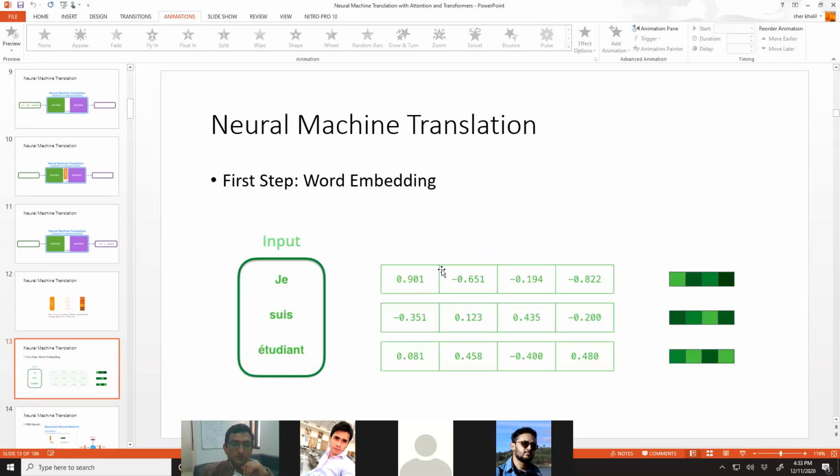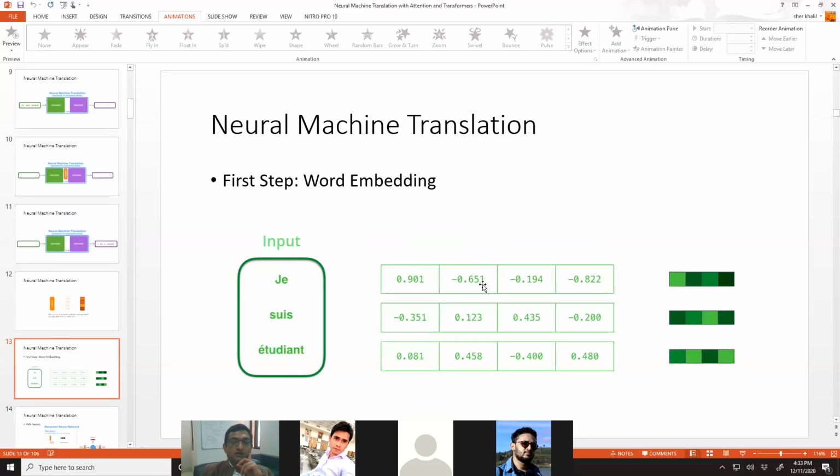So say for example, if we have this input in French, this first word might have this sequence. Say for example, you are using fastText. When you use fastText, you know that for each word you can have a word embedding, so you can have a vector.